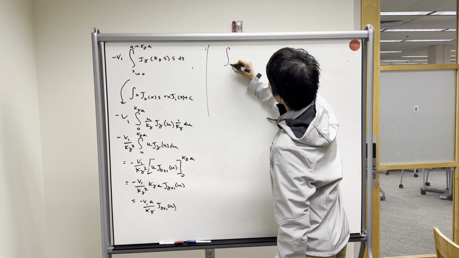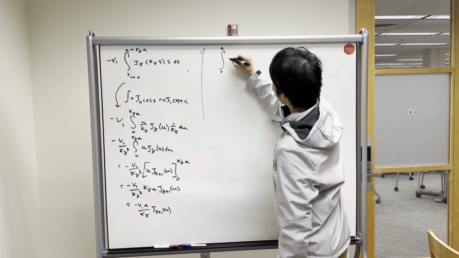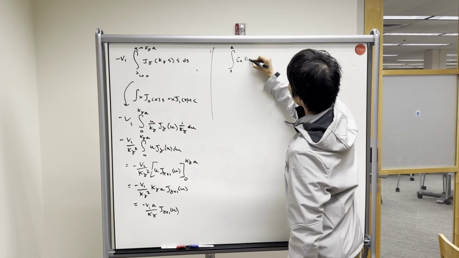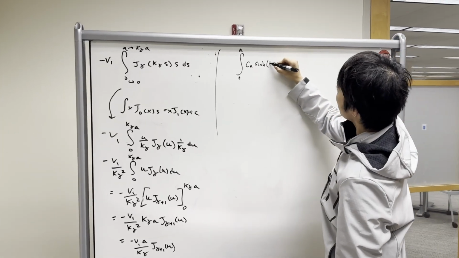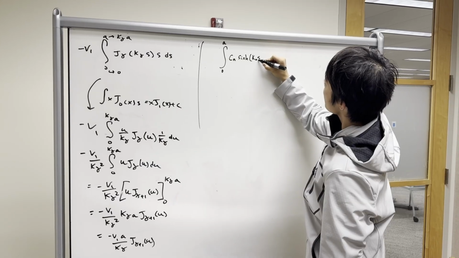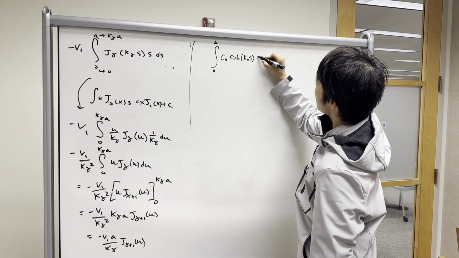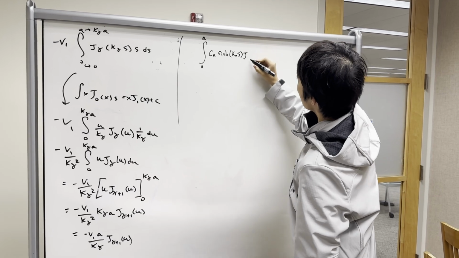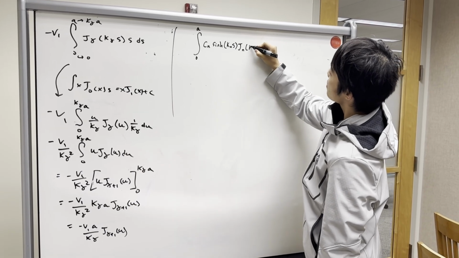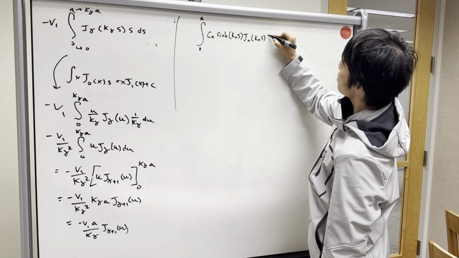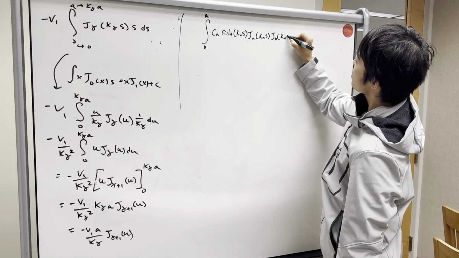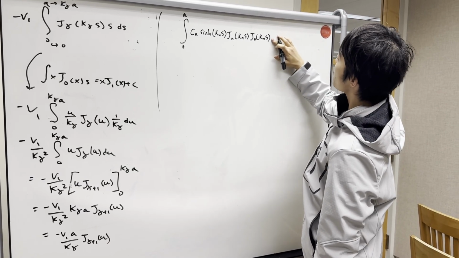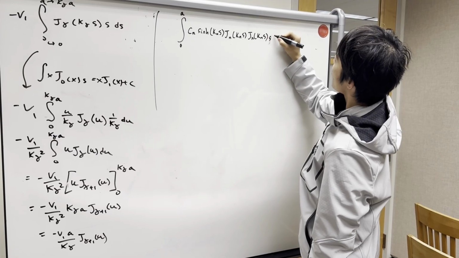Okay, so we have the integral from 0 to a of Cn sinh of kn s, and then let's see if I remember, Jn of kn s, and then we multiply both sides by s, so we have s ds.